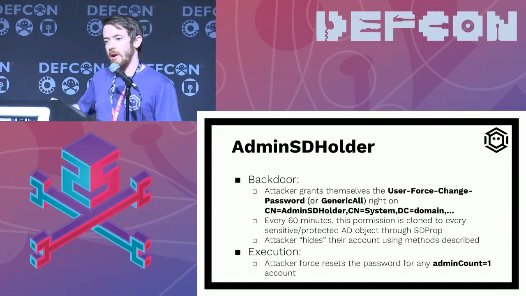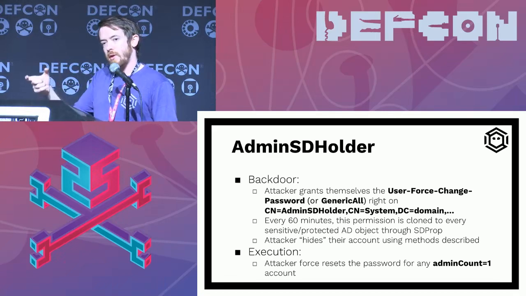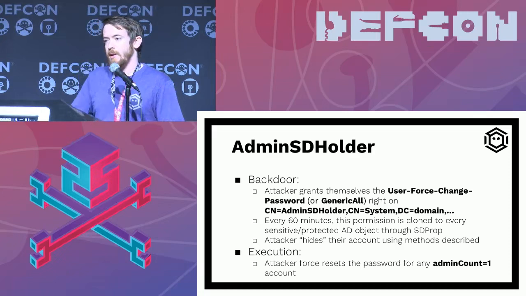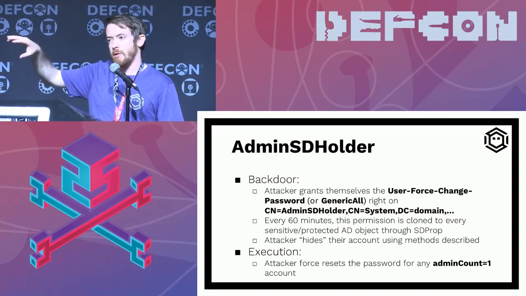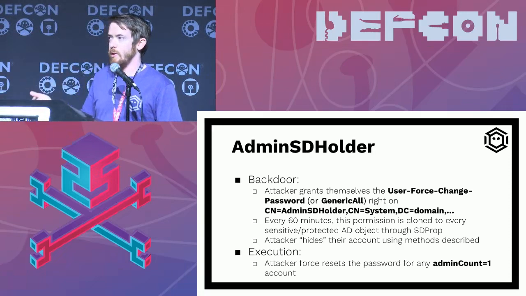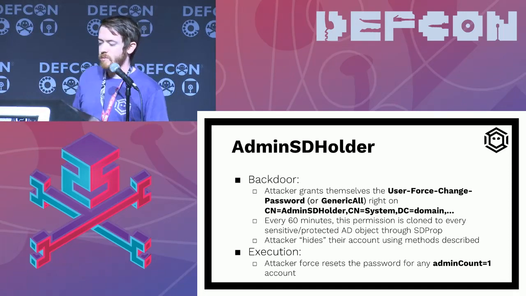Then every 60 minutes, a special process called the Security Descriptor Propagator process, or SDProp, will run. It'll enumerate all the privileged groups like Enterprise Admins, Account Operators, Domain Admins, and if the permissions on those objects differ from the template in AdminSDHolder, it takes the permissions from AdminSDHolder and imprints them onto the secured, highly privileged groups.